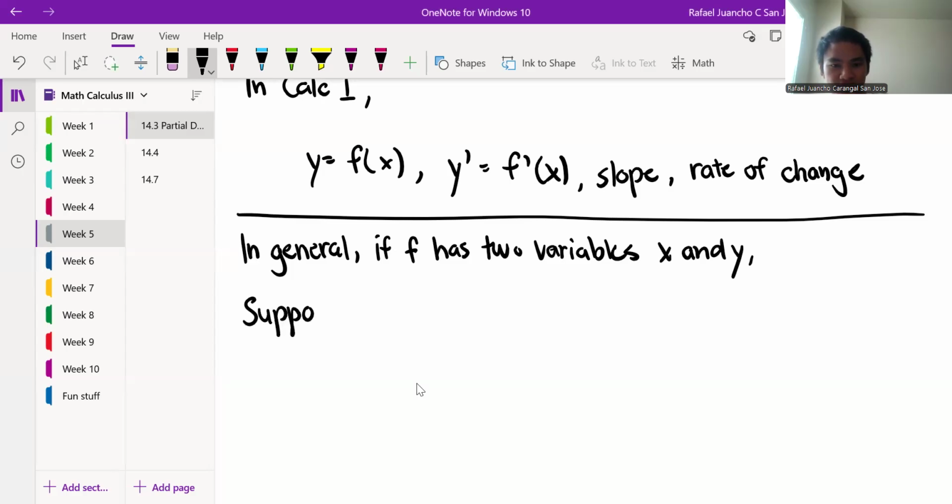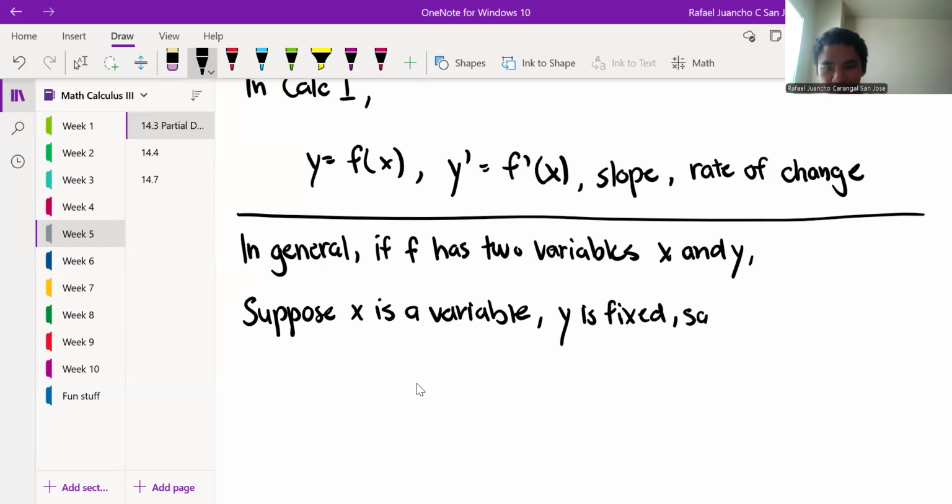Suppose x is a variable and y is fixed, right? Let's say y is equal to b and b is some constant. Then we are really considering a function of a single variable x, right?